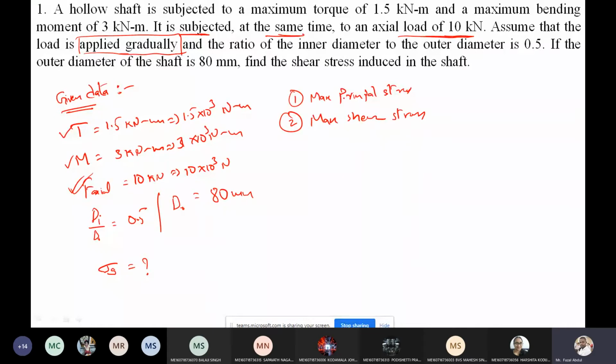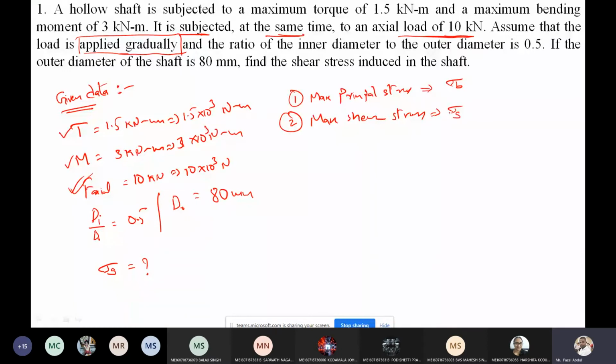Between these two, which theory is suitable? In the maximum principal stress theory, you will find the bending stress. In the maximum shear stress theory, you will find the shear stress.